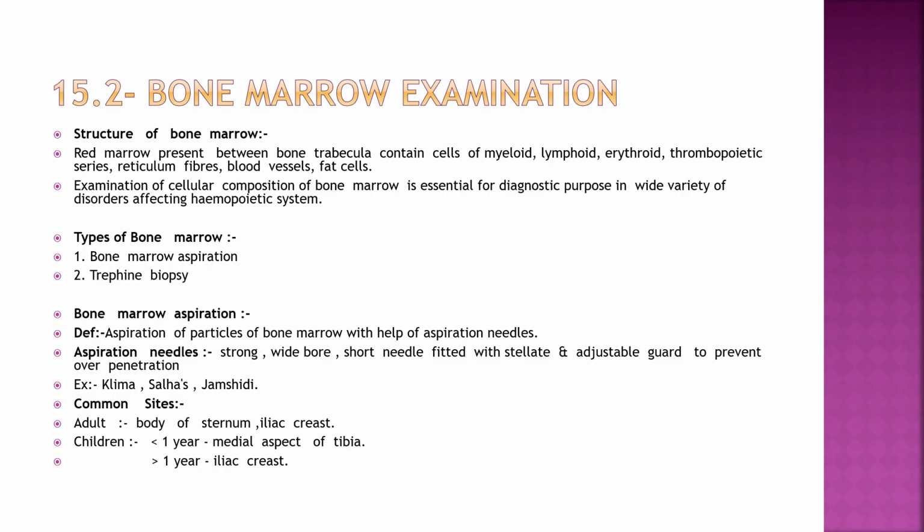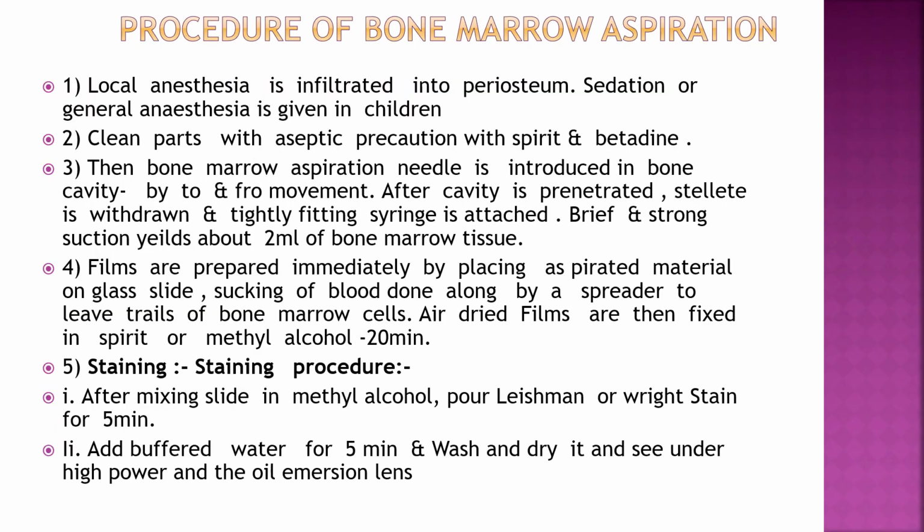In children, if less than 1 year, it is the medial aspect of the tibia, and for a child more than 1 year, it is the iliac crest. Now we will see the procedure of bone marrow aspiration. In that, first local anesthesia is given into the periosteum, or sedation or general anesthesia is given in children.